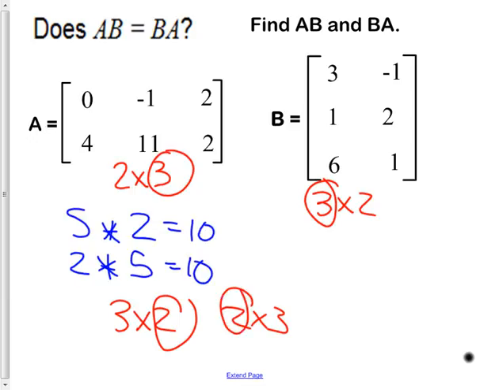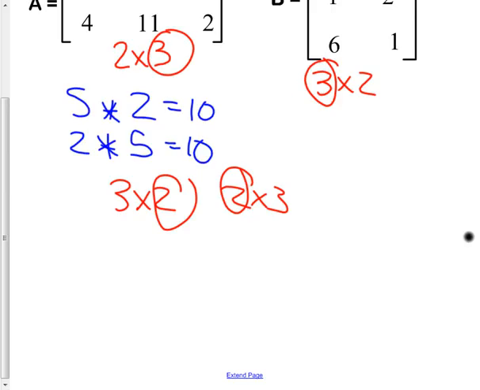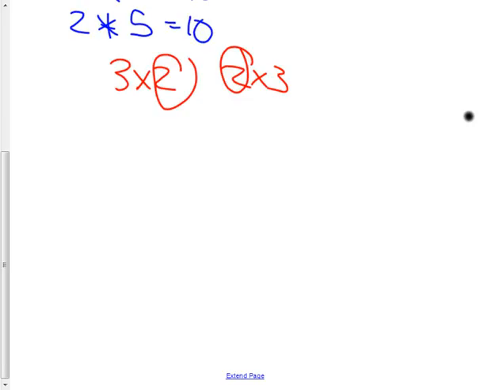So in this case, these 2 matrices are commutative, but you might have examples where you have like a 5 by 2 and a 2 by 7. Are those 2 matrices commutative?